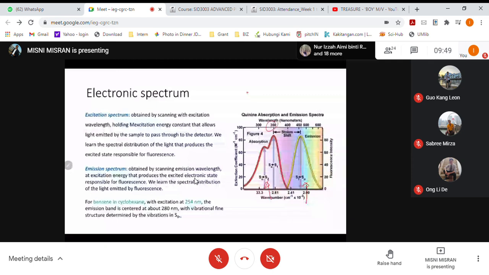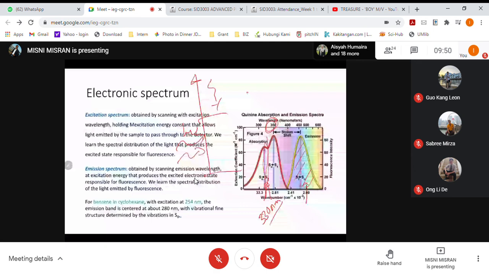In order for you to pump energy into the system, maybe you use 330 nanometer, because you want to observe the emission. Once you pump in this 300 nanometer energy, the molecule relaxes.